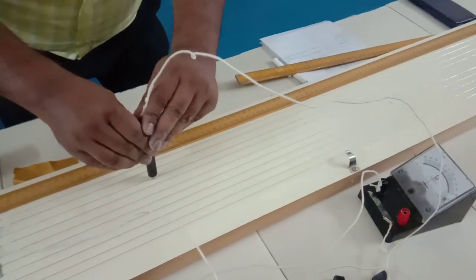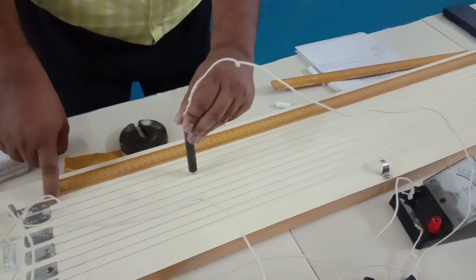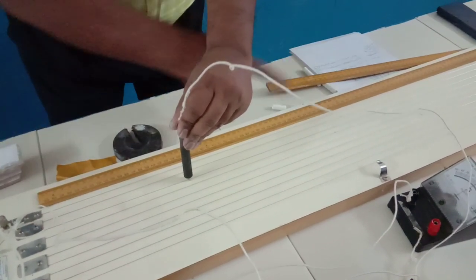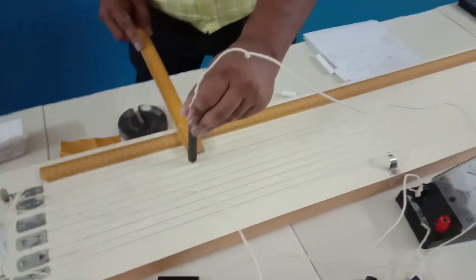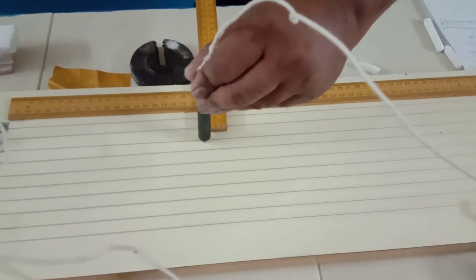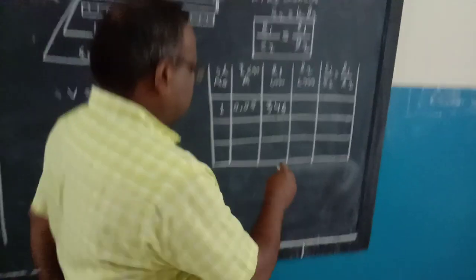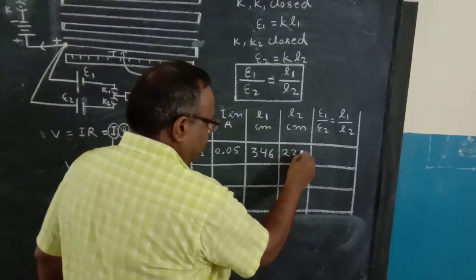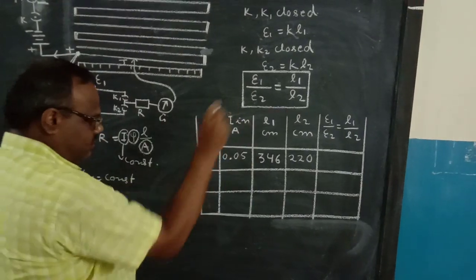This is your 100 up to 200. Then from here it is coming at 20, that means 220. You take the reading and calculate.